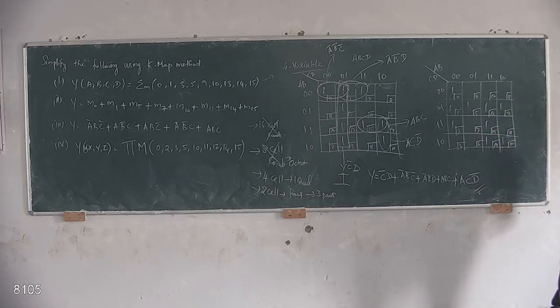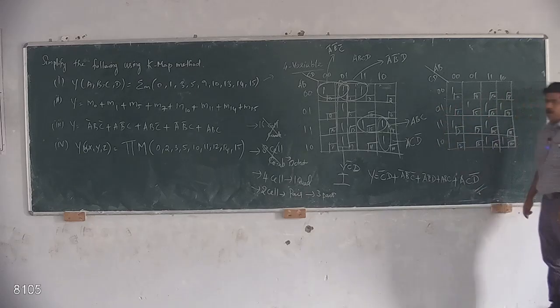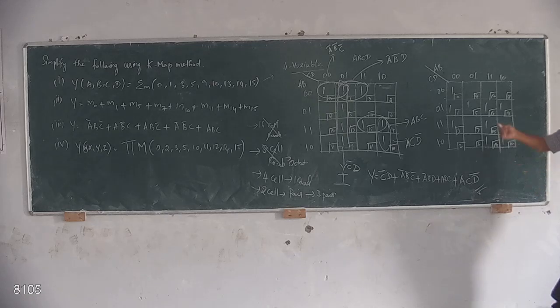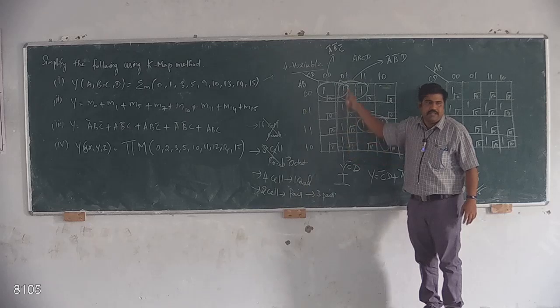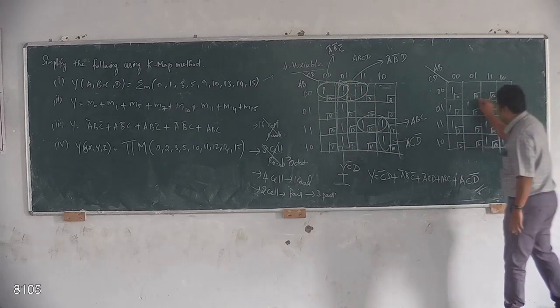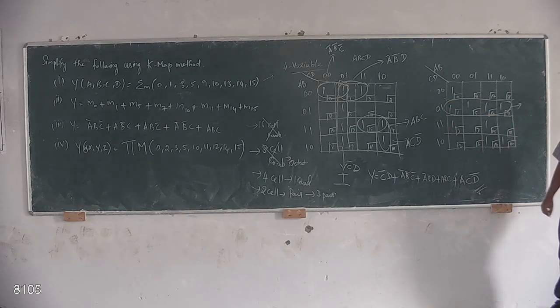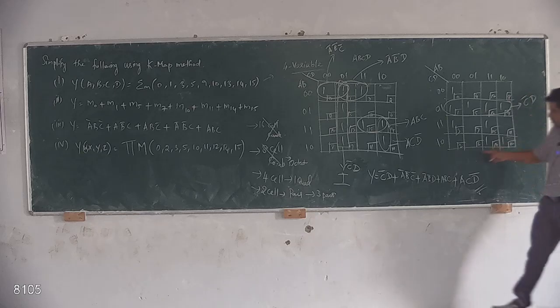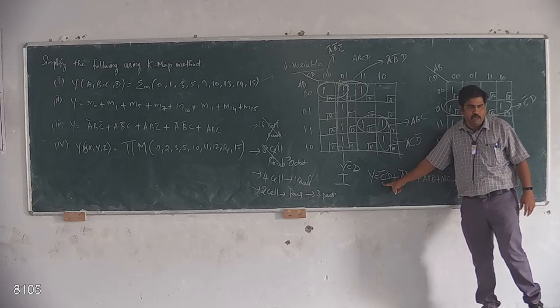So how can we combine this? The same thing. Here we have combined 4 ones. Listen carefully. The same thing is going to combine over here. So what is the answer for this? C bar D. The same answer we are getting here. C bar D. Both are the same.